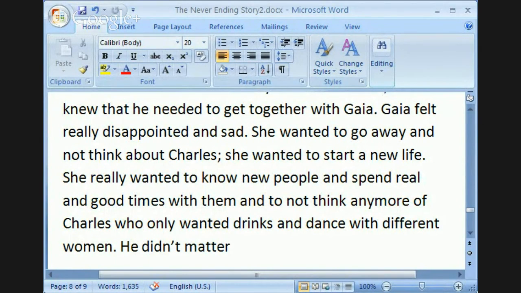Gaia didn't care about him, or he didn't care. Who doesn't care? Gaia or Charles? Charles. Okay. He didn't mind then. It didn't matter to him. There are different ways to say it. He didn't mind. Do you mind? Okay. How Gaia feels about him.